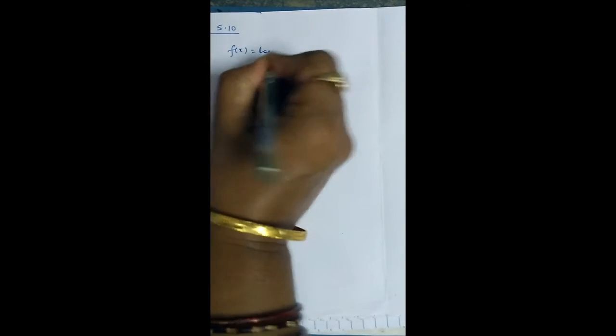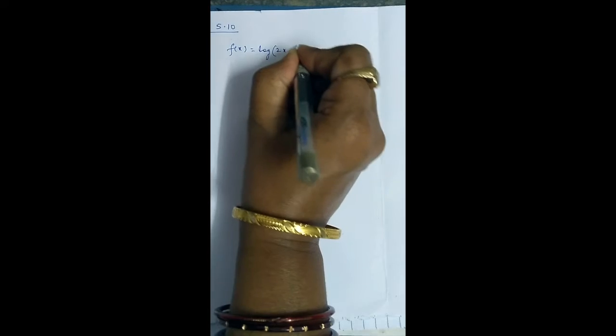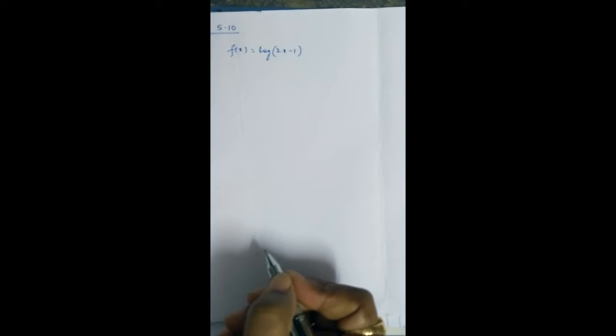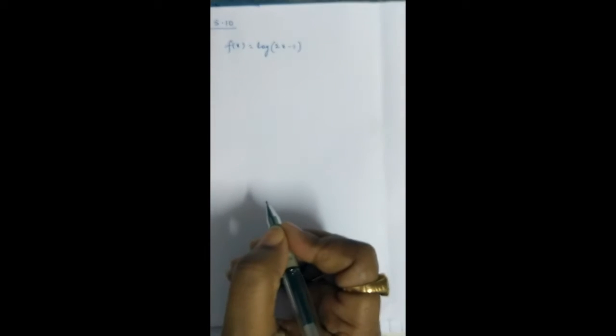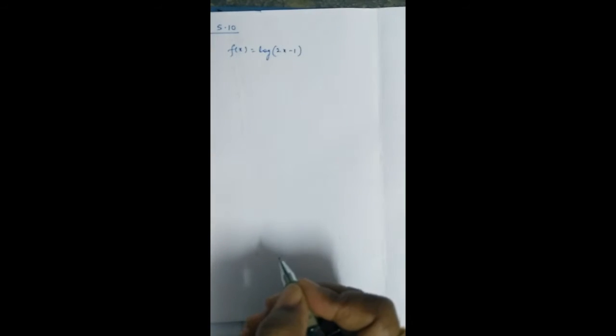f(x) is given to you as log of (2x minus 1), and you have to find out whether this is derivable at x equals 0 or not, right? So let's decide about the domain, whether the function exists or not.